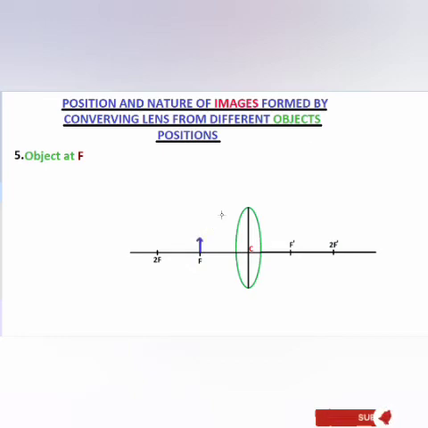Then I will draw a ray passing through the optical center, then indicate with direction, arrow. I'll draw another ray parallel to the principal axis, indicate the direction. The ray will be refracted or deviated through f prime.